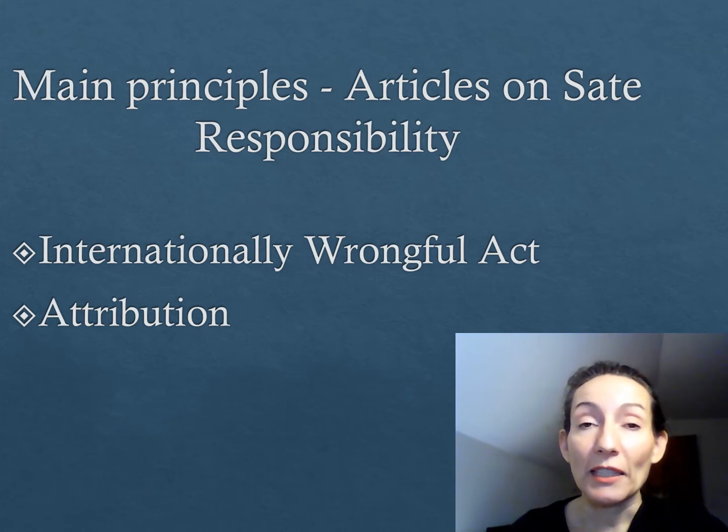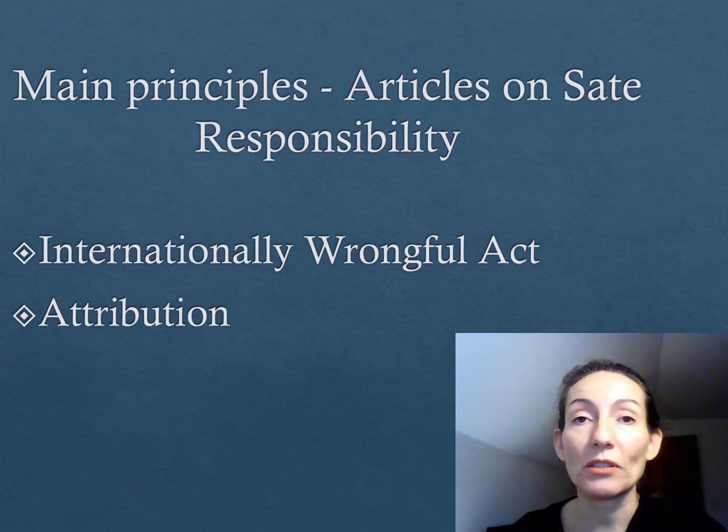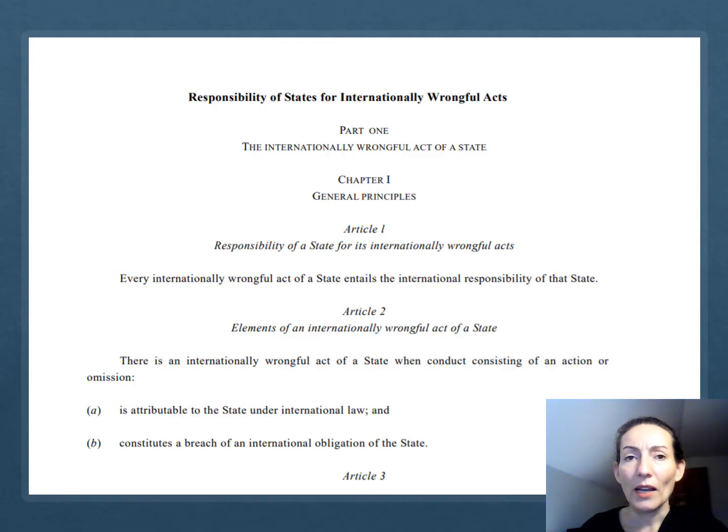The US failed to prove attribution of the acts to Iran. I have reproduced here Articles 1 and 2 of the Articles on Responsibility of States for Internationally Wrongful Acts that codify the two main principles I have just explained.